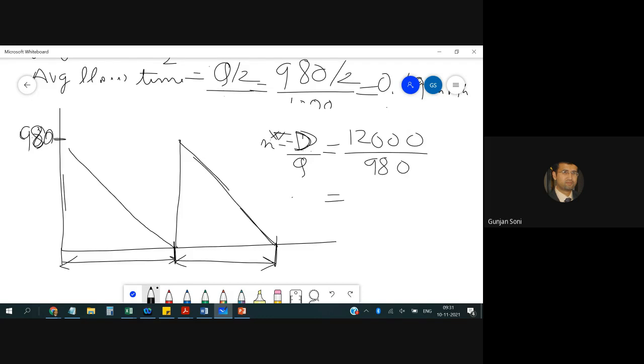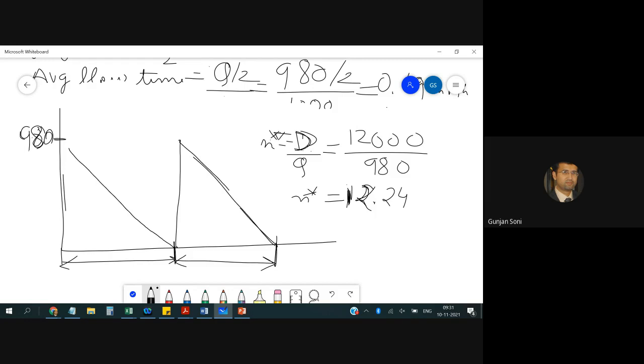So what is the value which we get for N star? Yes, 12.24. Okay, that means there will be 12.24 such cycles.